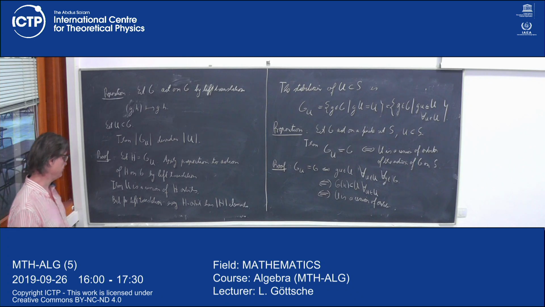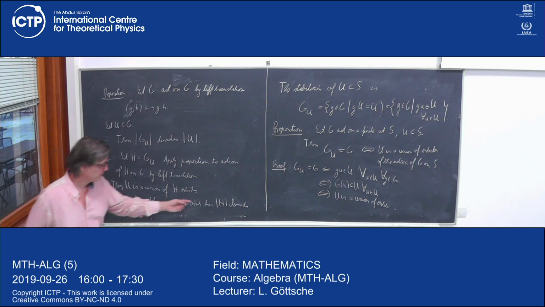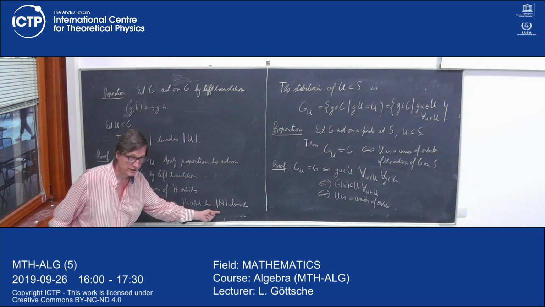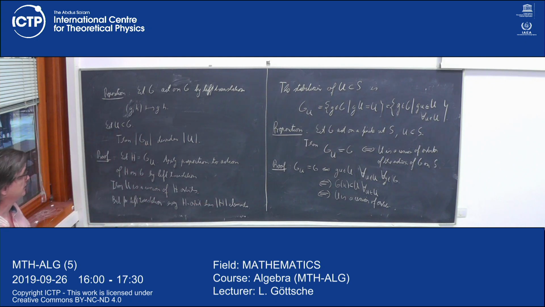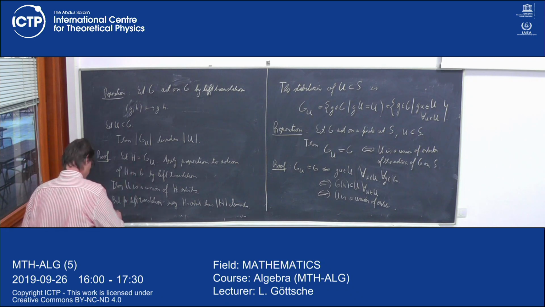And thus, since U is a union of H-orbits and every orbit has the number of elements of H, it follows that the number of elements in U is divided by the number of elements in H, which is the stabilizer of U.